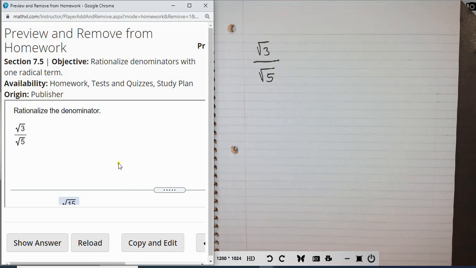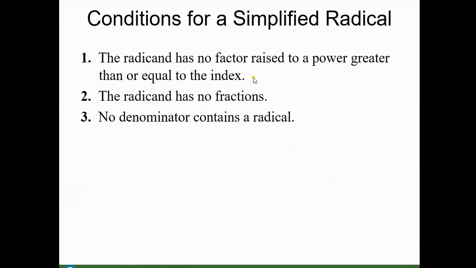Okay, so let's back up a little bit, and then probably the next thing we should talk about is going back into our lecture notes on this. And so we pointed out those four rules, but the one that we're looking at here is number 3, that no denominator can contain a radical. No denominator can contain a radical.